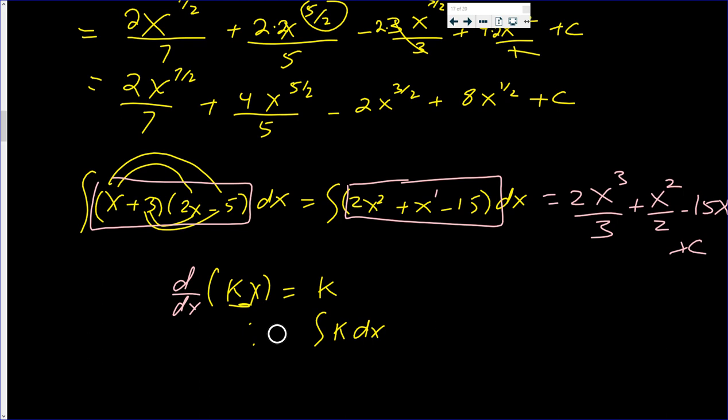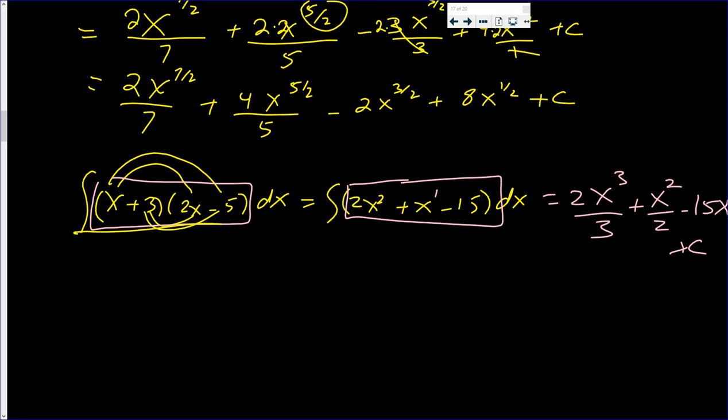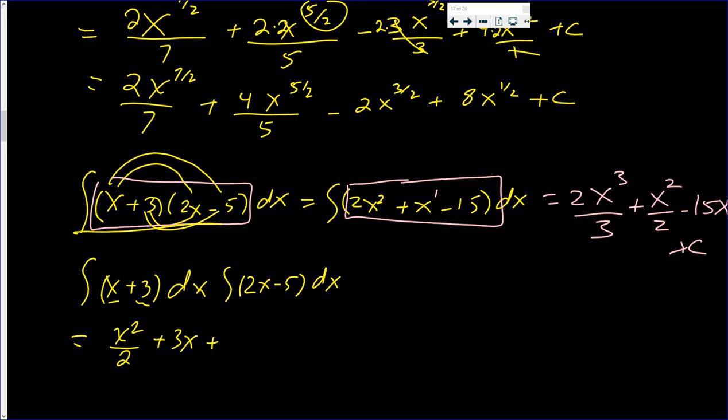Now, the question is, with this integral, can you take the integrals separately and then multiply the results? Well, the integral of x is x squared over 2 plus the integral of 3 is 3x. Now then you have a constant.